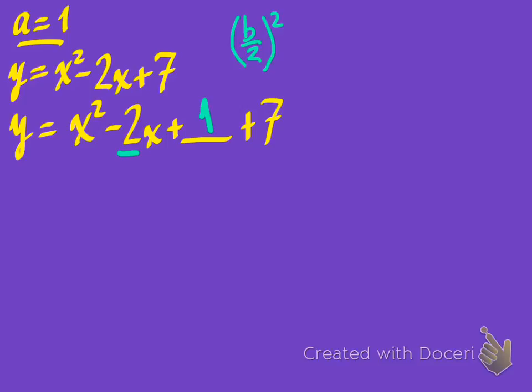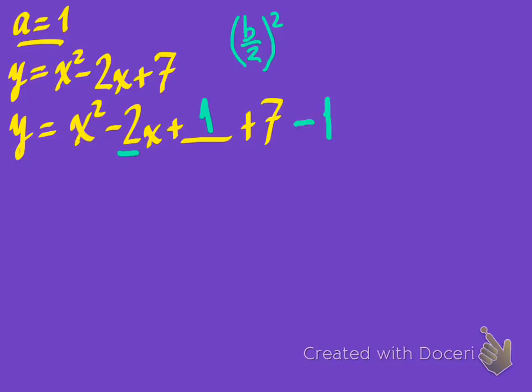But in this case, I'm going to add 0 as 1 minus 1. 1 minus 1 equals 0. So when I add a plus 1 and a minus 1 onto the same side of that equation, I've just added 0. But I've done it in a special way that allows me to complete the square. So b over 2 squared, I add that, and then I add the opposite of that to make sure that I'm really just adding 0 and not changing anything in that equation.